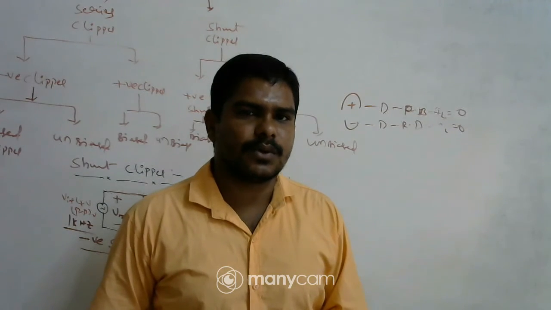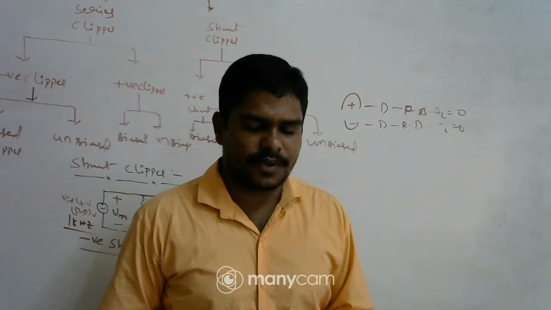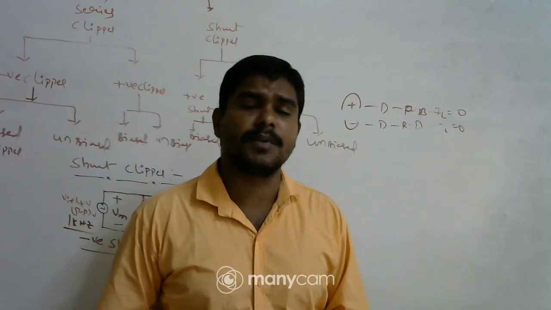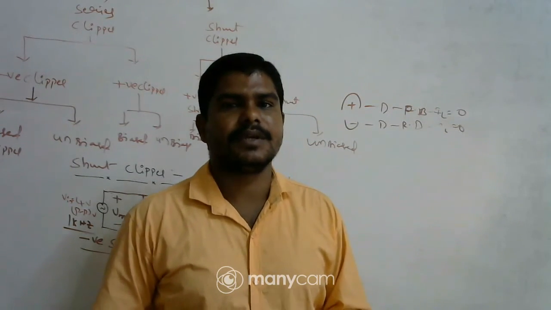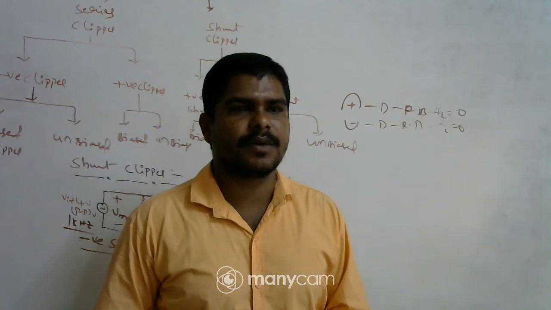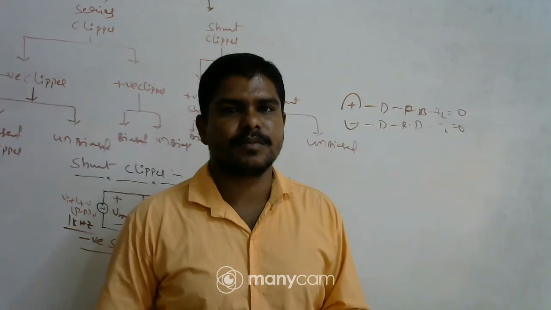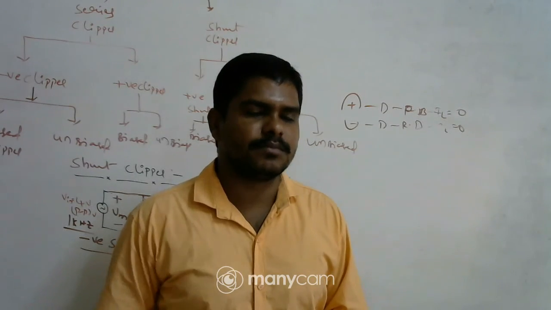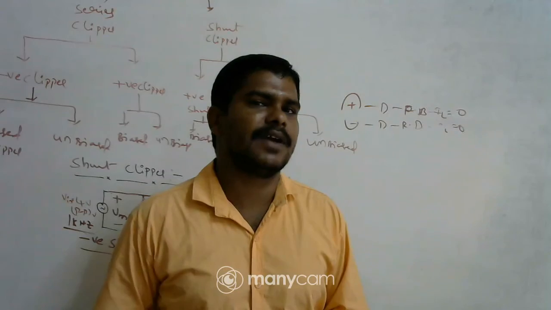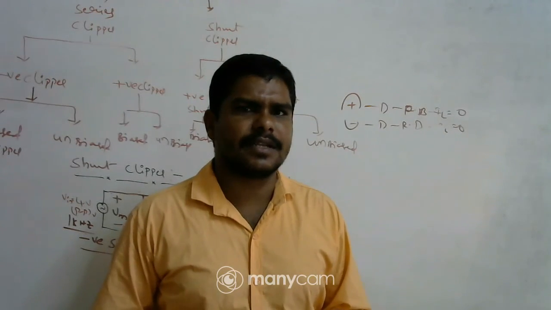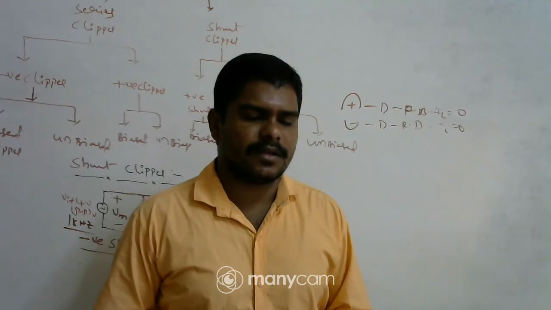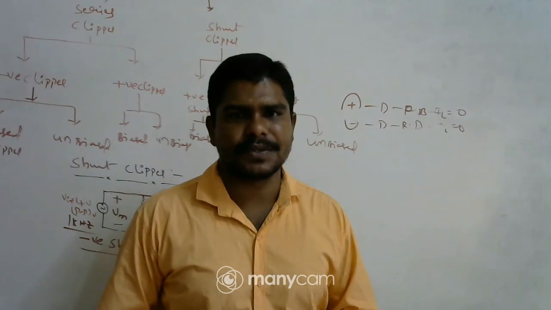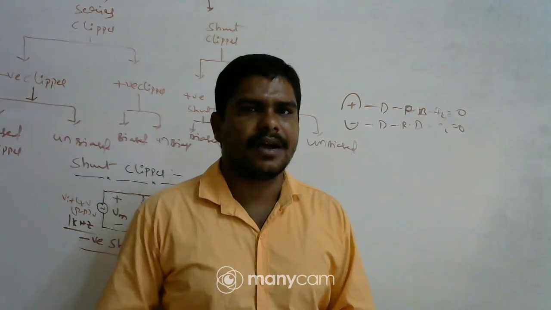Generally we use this clipper circuit in most communication, FM communication, radio communication, and audio communication. Suppose you are increasing or decreasing the volume. The input signal comes from the base station, and we are all the audience.